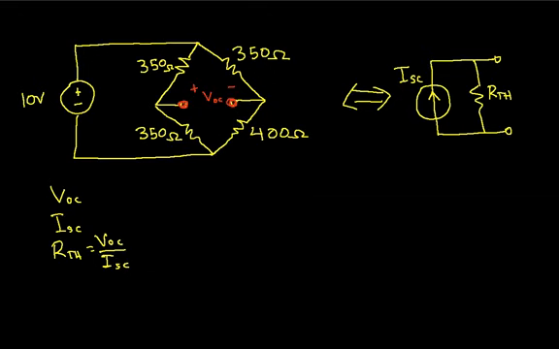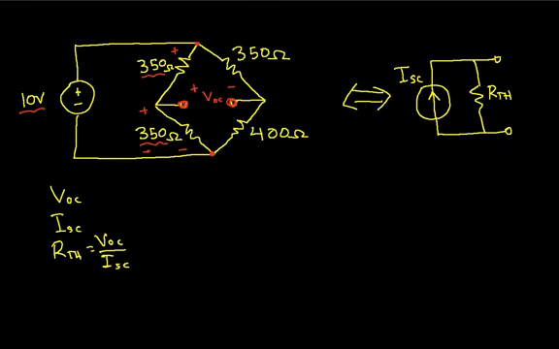Well, you'll notice that we have from here to here 10 volts, and that with the circuit between the terminals open, this 350 ohm resistor and this 350 ohm resistor are in series. And so I can use a voltage divider to get the voltage across this resistor here.